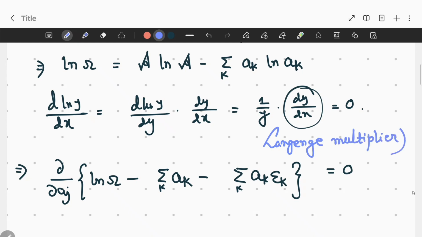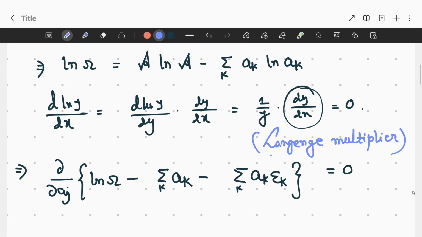This is called the Lagrange multiplier method. So when you have a constraint, then you have to do this. Let's say you have a function y as a function of x, and now you want to find out the maximum point of y. Then in general you do dy/dx equal to 0.